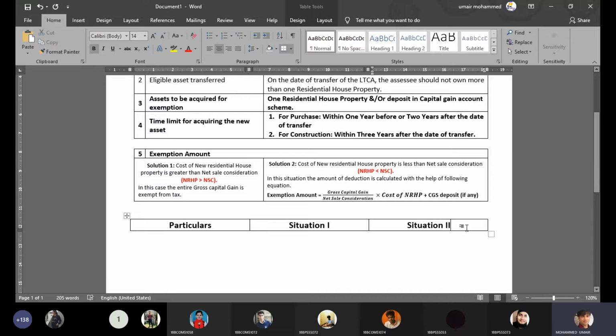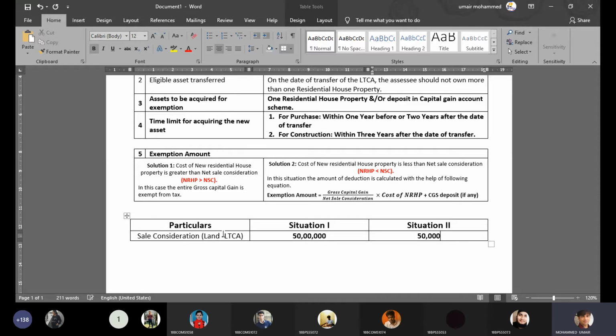Right. So as usual, we follow the same steps in all these sections. Doesn't matter which section we are doing, the steps will remain the same. So let's say sale consideration. Let's assume this assessee has sold land, which is a long-term capital asset. This is what is being sold, and from this the assessee has realized 50 lakhs.